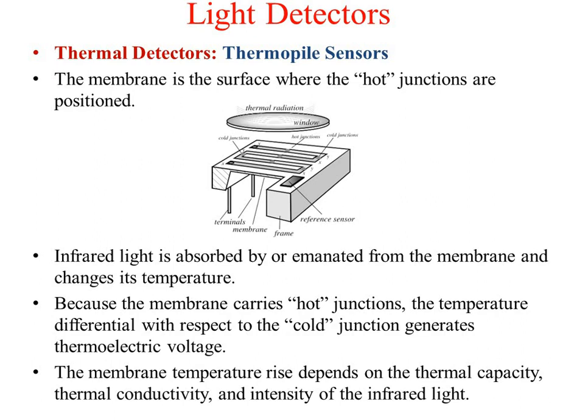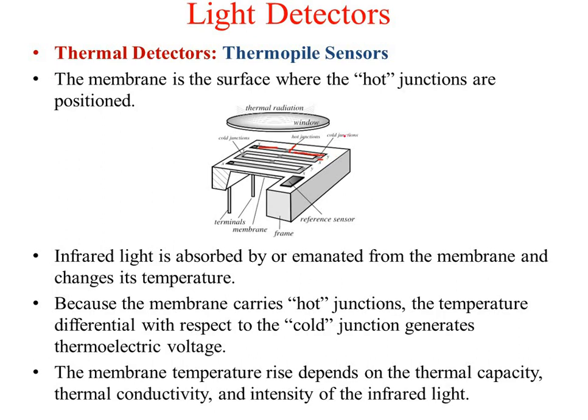You can see that the thermal radiation is given to this window, and below that window there is a structure made of two materials. Here is one material and here is another material, and here is the junction. This is the hot junction and this is the cold junction.